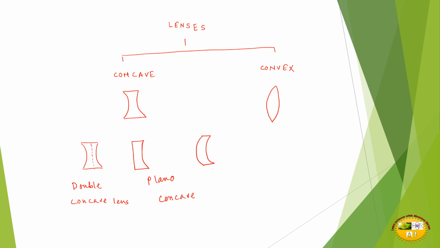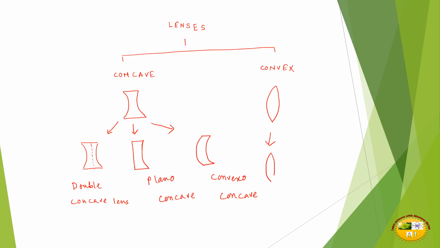Or it can be of this kind, this is convexo concave. So these three kinds of concave lens are possible.